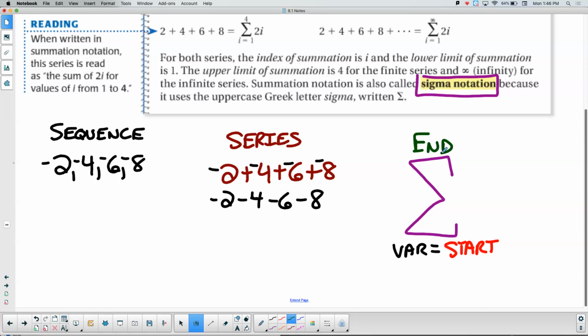Okay? Now, with that being said, if it's an infinite sequence or series, then this can be infinity. If it's infinite. And then out here, you're going to have the rule that we're talking about.